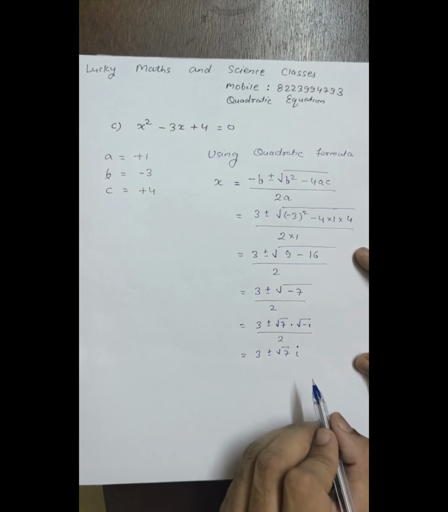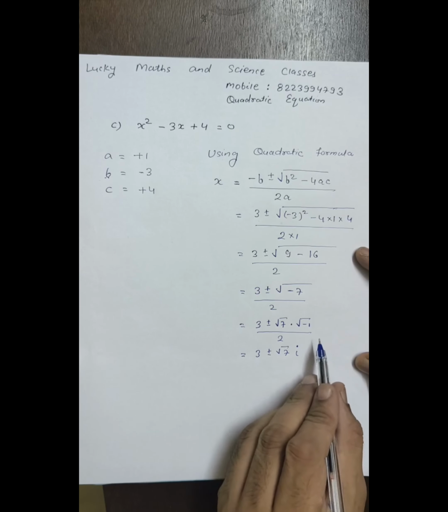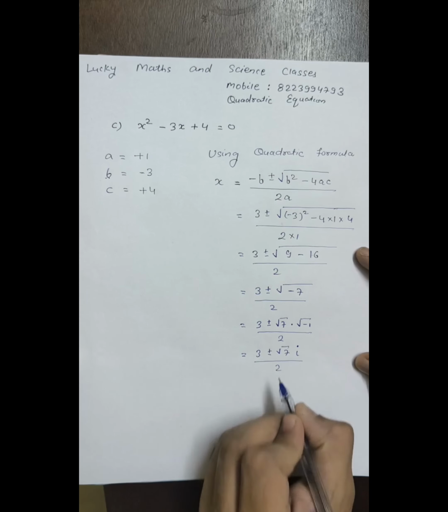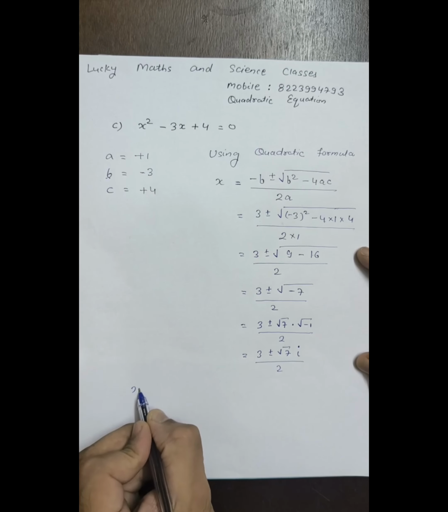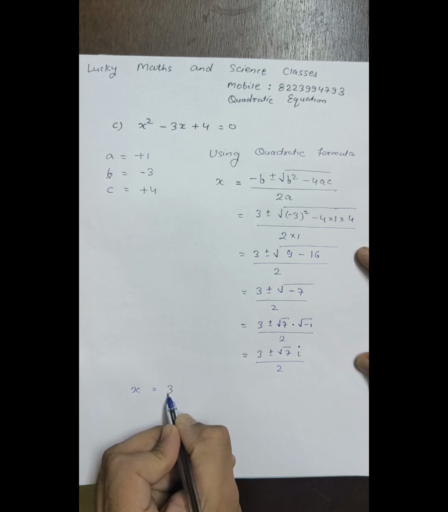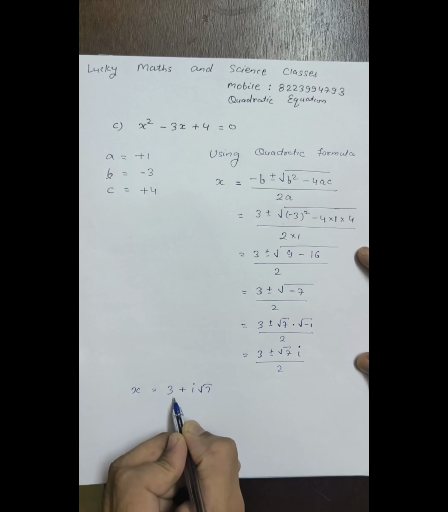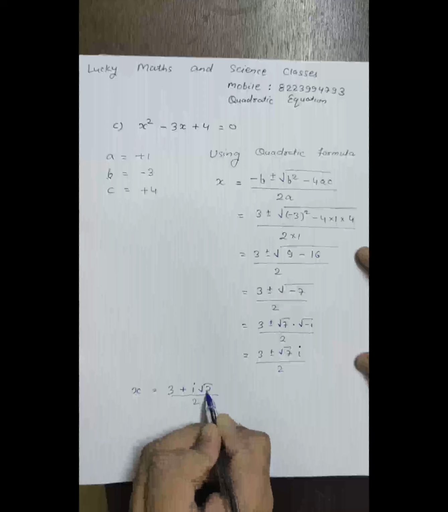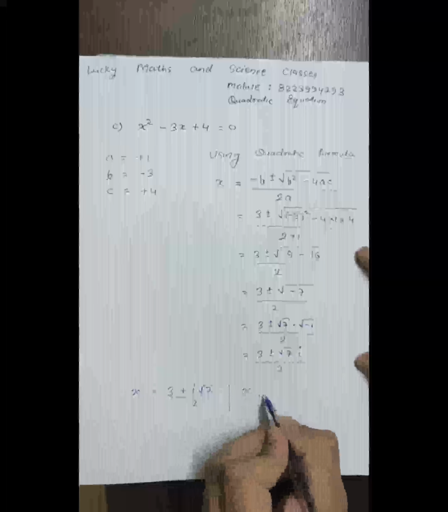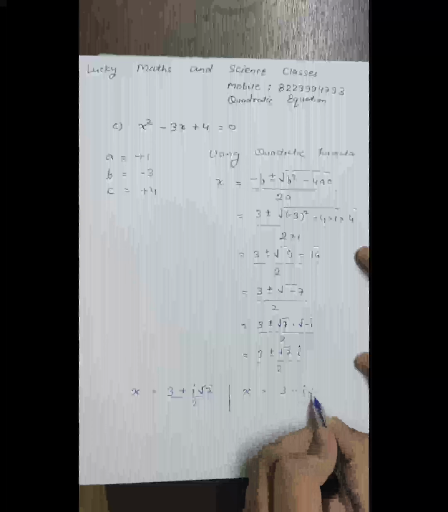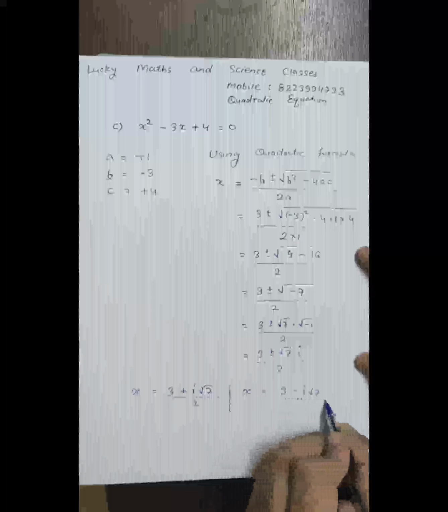In terms of complex numbers, the i represents square root minus 1. Again we can say x is equal to 3 plus i root 7 divided by 2, or x is equal to 3 minus i root 7 divided by 2.